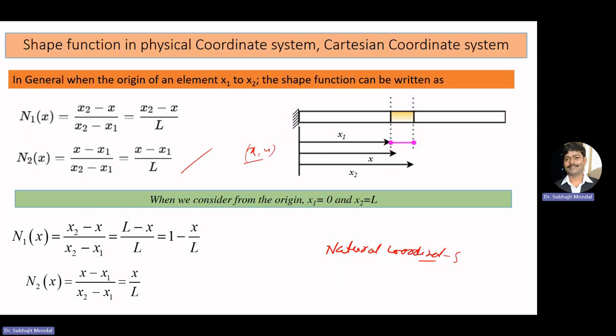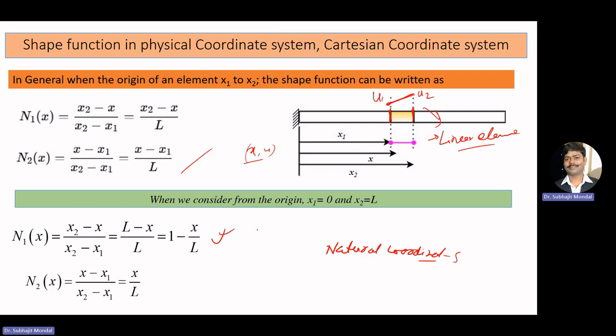One more thing you try to observe: the variation between these two nodes is linear. So the value here is u1 and here it is u2. The variation between these two nodes is linear, so basically this is our linear element.